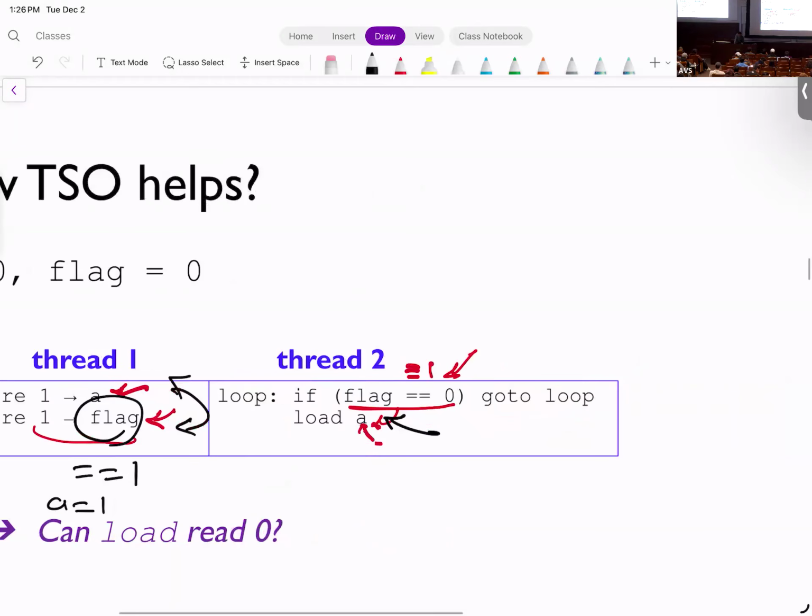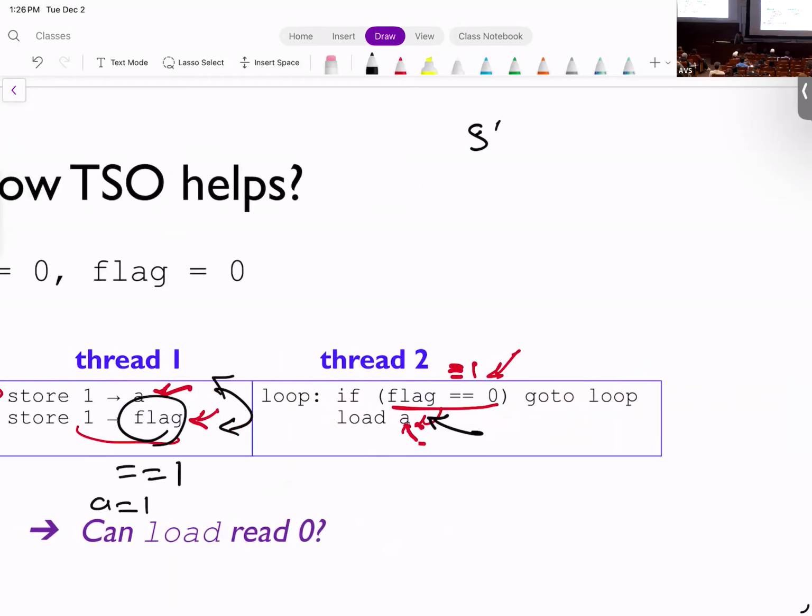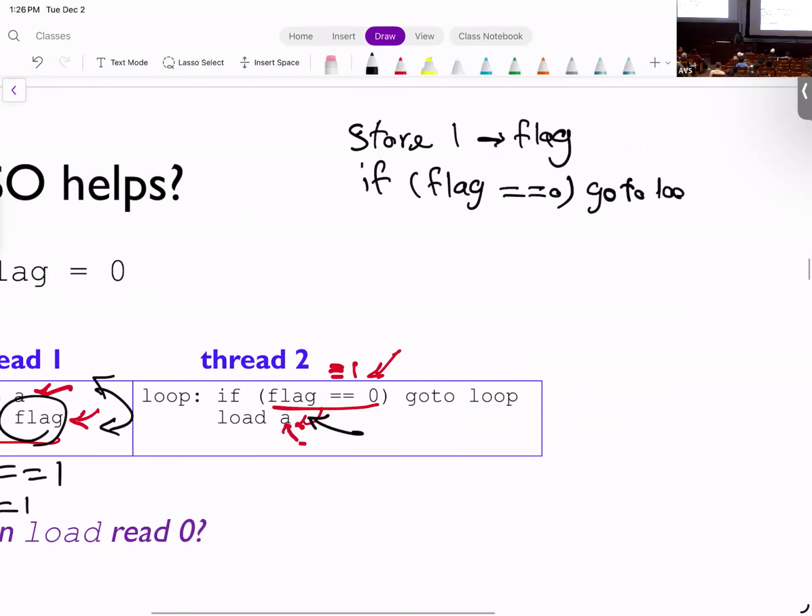So the possibility would be this: I have this sequence: store 1 to flag, then if flag equal to 0, go to loop, then load A, then store 1 to A. If this is the sequence of instructions that's being executed, then the load would be equal to 0. Do you agree?